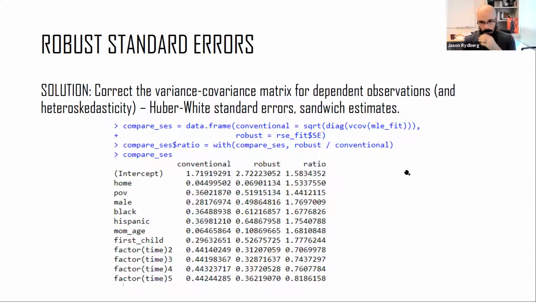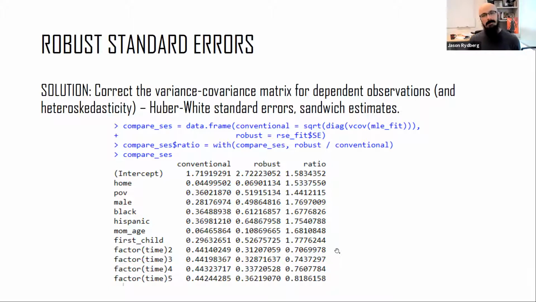This here is looking at the standard errors for each model, and the ratio of the standard errors from the conventional estimation to the robust estimation. You can notice that some of these are larger corrections than others. The variance for time is less than in the other model.